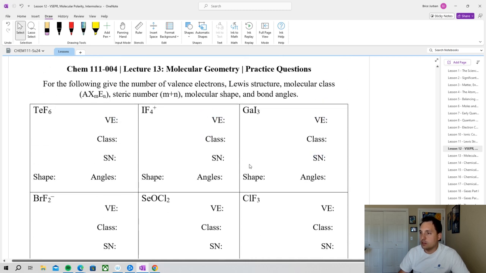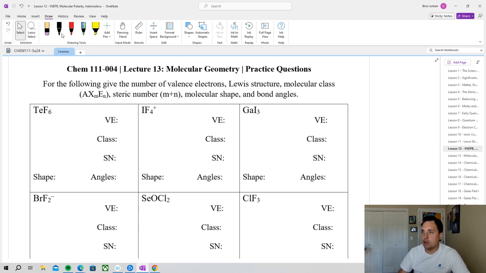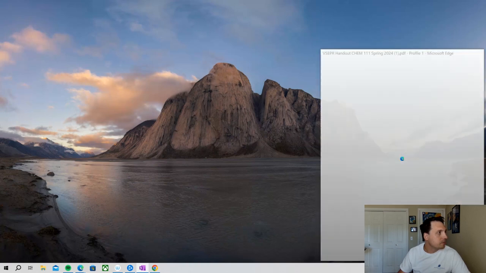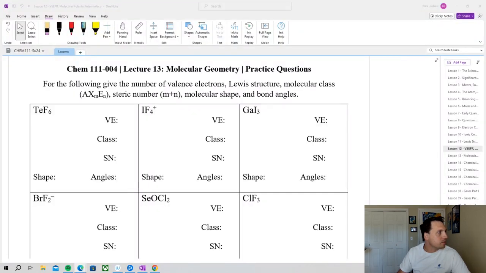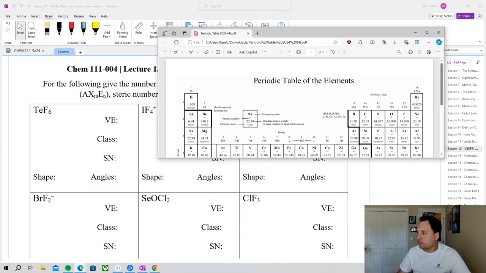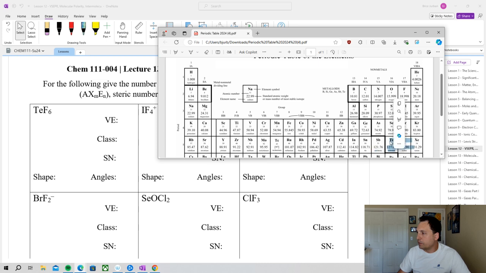So, all right, I'm going to start here with this tellurium hexafluoride molecule. I think it's one of the easier ones on this sheet. I don't even know where tellurium is on the periodic table, so I'm going to have to look that up. Okay, so it's below oxygen, so it's down here.